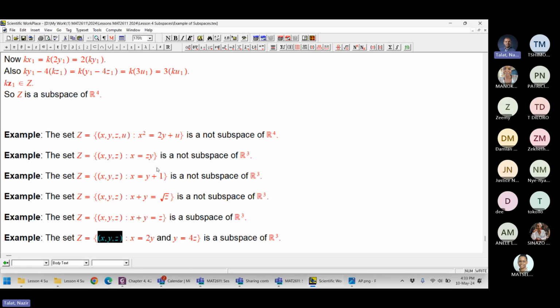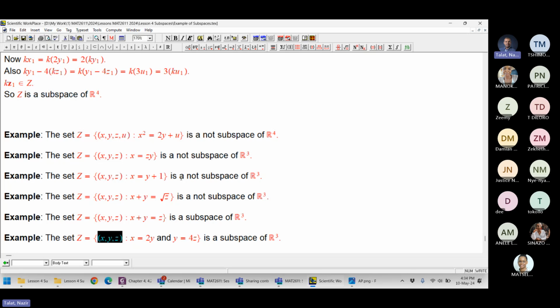Again, I'm telling you that whenever we want to show that such a set is not a subspace, we only need to show a counterexample, or show that any one of the given conditions is not satisfied. Then that will be sufficient.